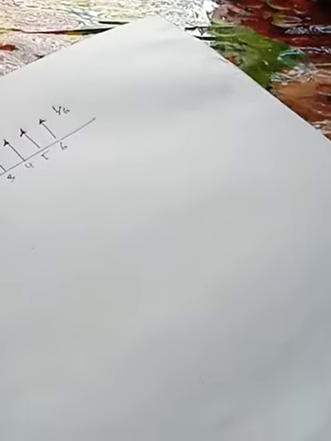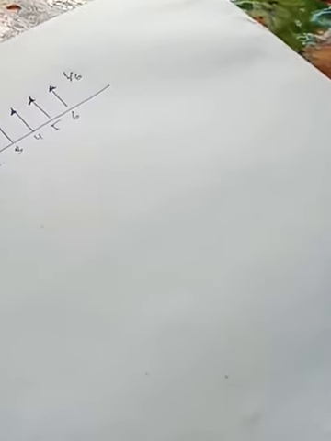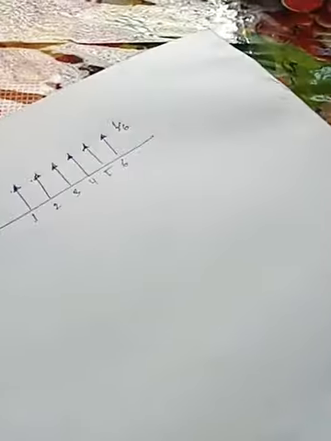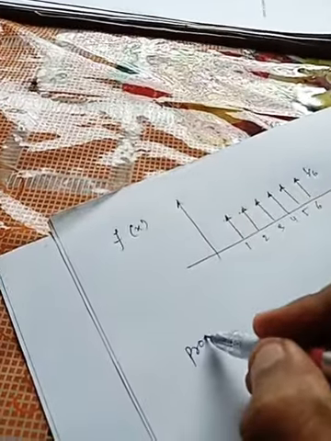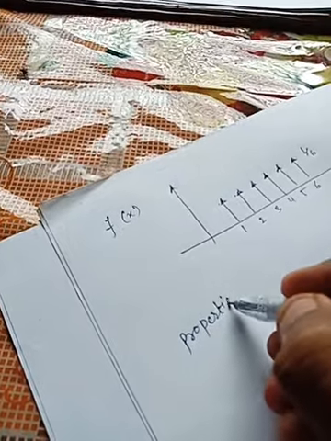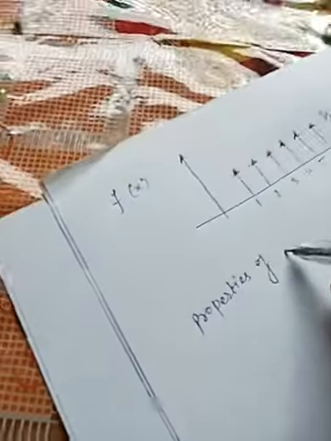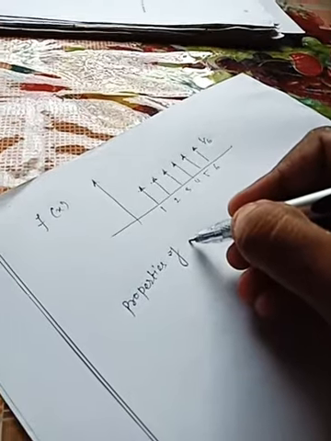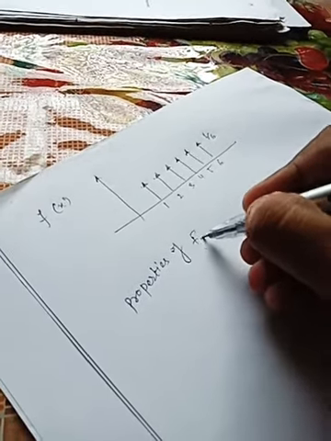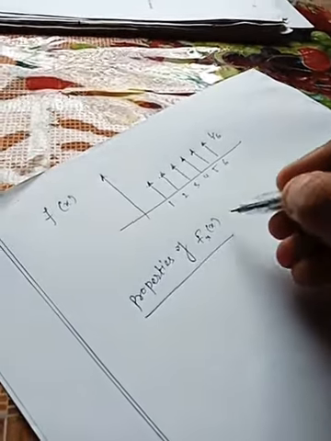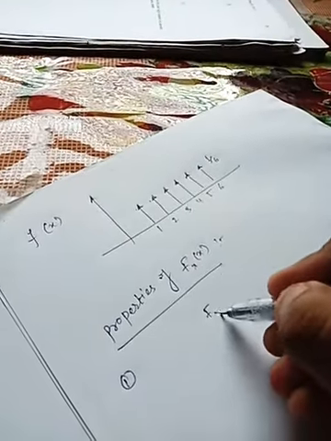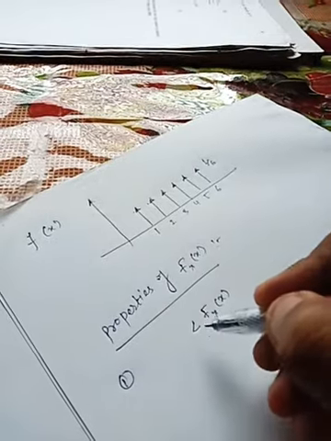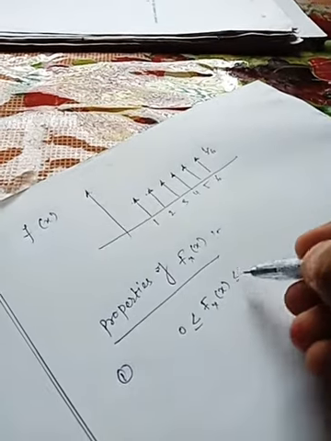Now, properties of the probability distribution function. First, the probability distribution always lies between 0 and 1.